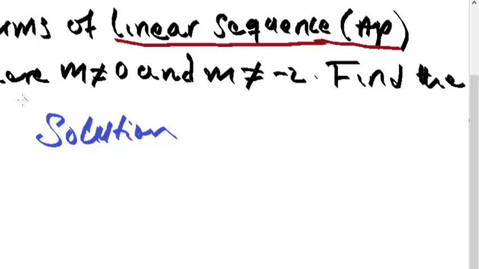The major difference between a linear sequence and an exponential sequence is the common difference and the common ratio. So linear sequence is linear because it has a common difference, and exponential sequence has a common ratio. So you take notice of that.